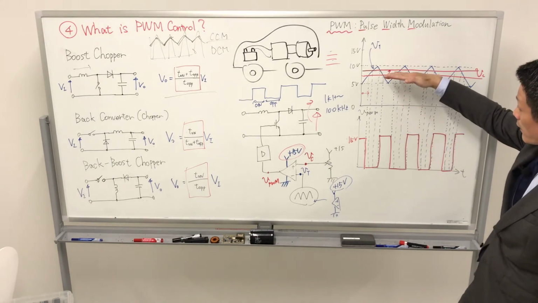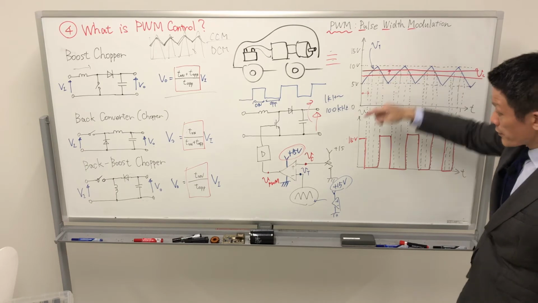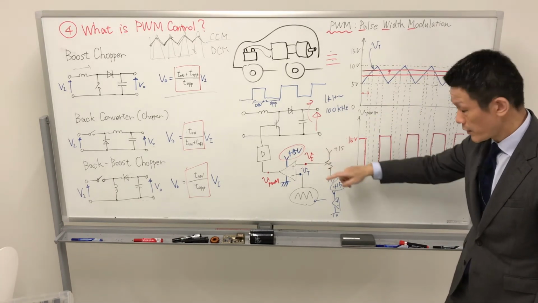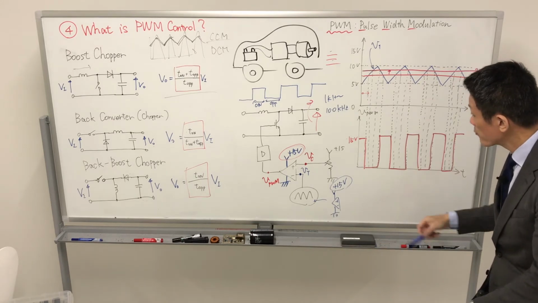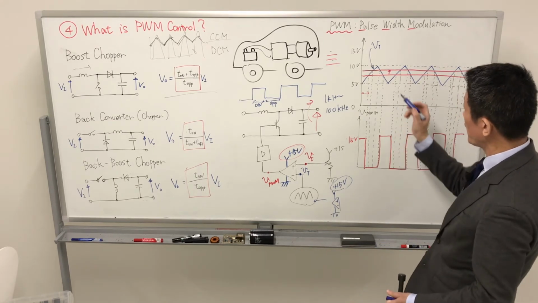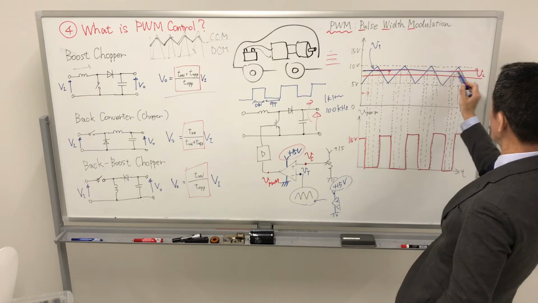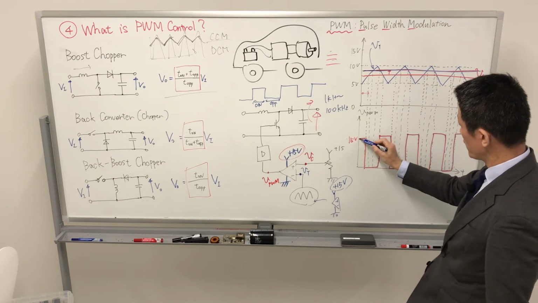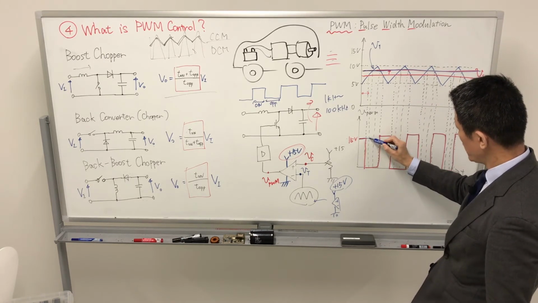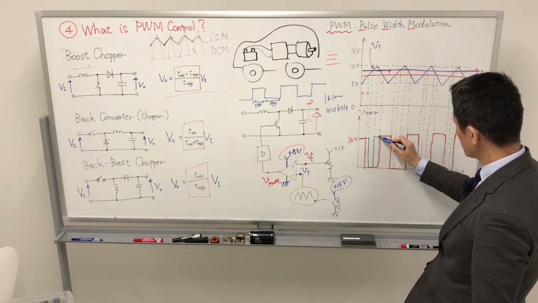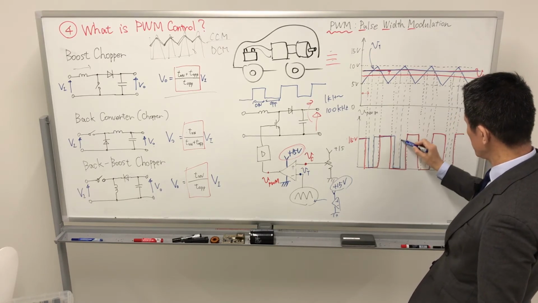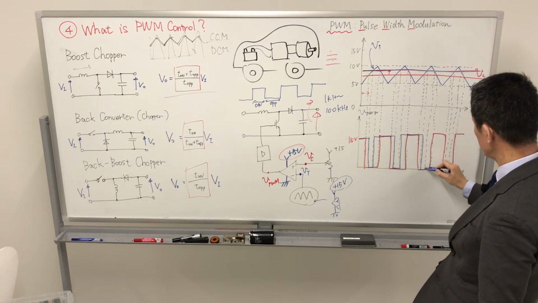In case of the upper voltage, I will rewrite this blue line. Here it goes like this, and here like this.